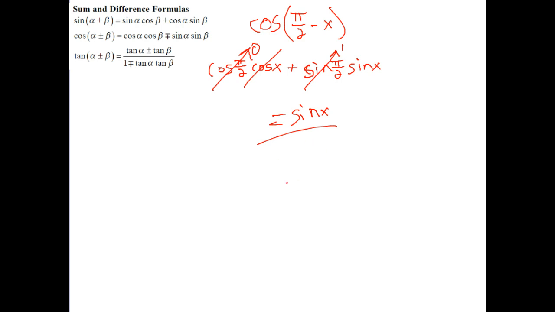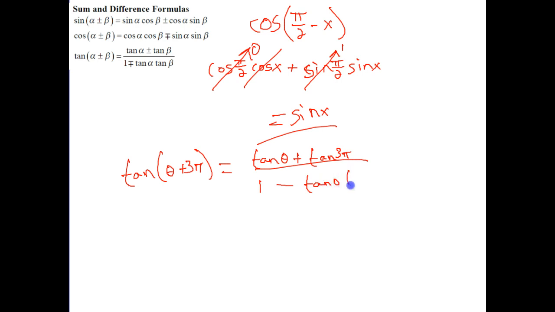But let's say we want to simplify something else, like tangent of theta plus 3 pi. We have tangent and we're adding, so this is going to equal tangent of theta plus tangent of 3 pi all over 1 minus tangent of theta times tangent of 3 pi.